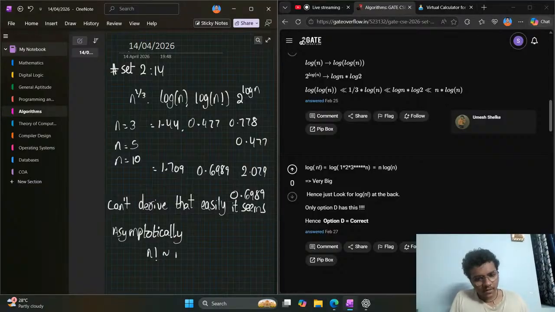So n factorial is an approximation to n power n.